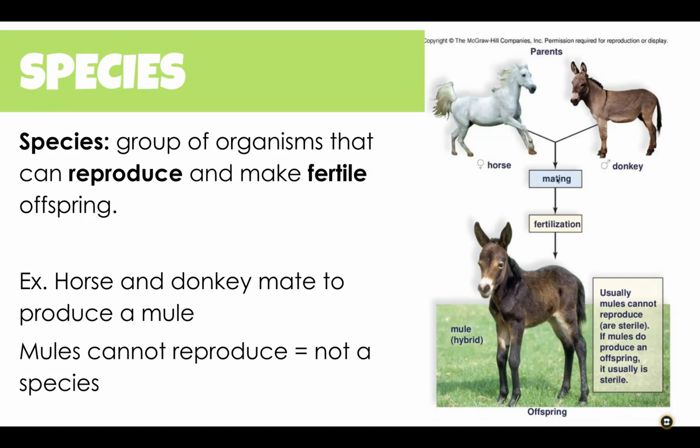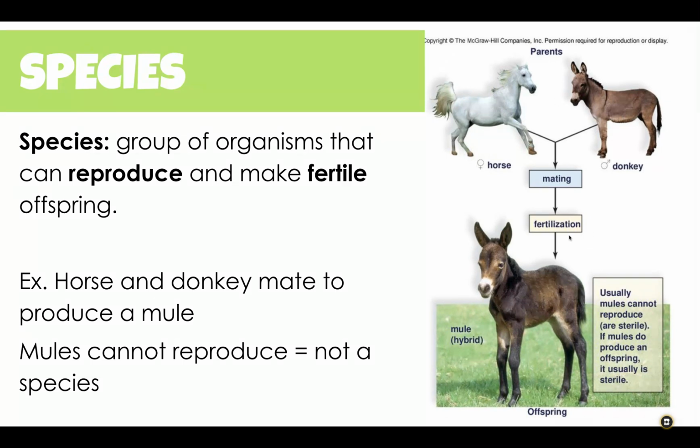So an example here is you have a horse and you have a donkey. So just based on the names alone, we would think, oh, they probably do not belong to the same species, but if we look at just their traits and what they look like, they kind of look similar, so maybe they are the same species. So we can have a horse and donkey mate.